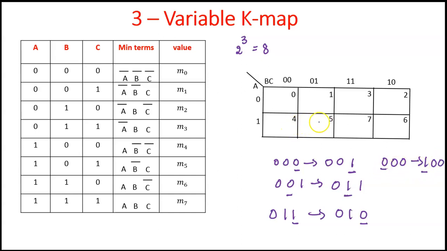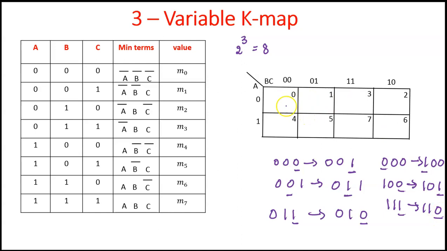Now 4 and 5 are 1 0 0 and 1 0 1, and here also one bit is changing. Now 7 and 6 are 1 1 1 and 1 1 0, and here also one bit is changing at a time.